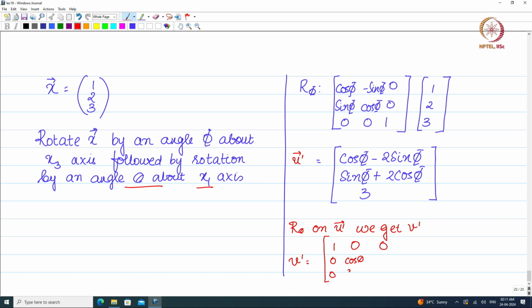So, I have cos theta sin theta, minus sin theta cos theta, into whatever we had here, which is cos phi minus 2 sin phi, sin phi plus 2 cos phi, and I am going to have 3 here. So, what is the vector that we are going to get?